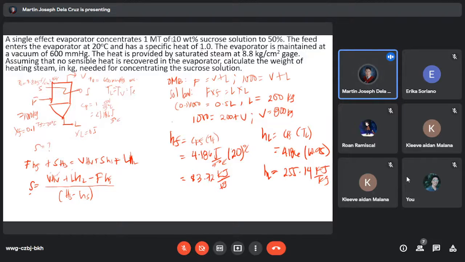In the next topic, we will use your rulers, since we'll be tackling boiling point rise.